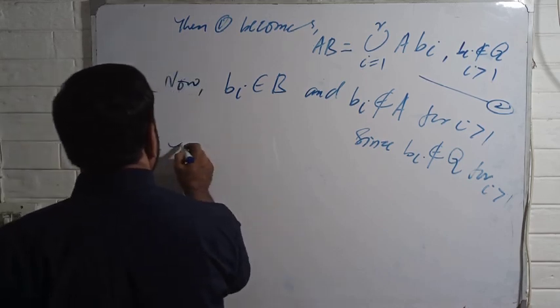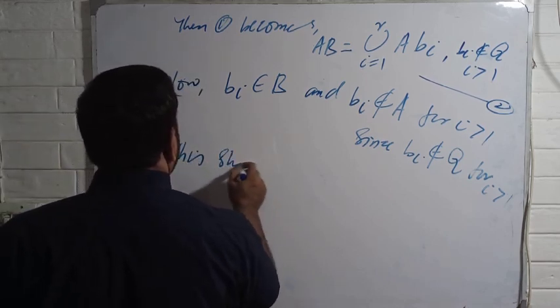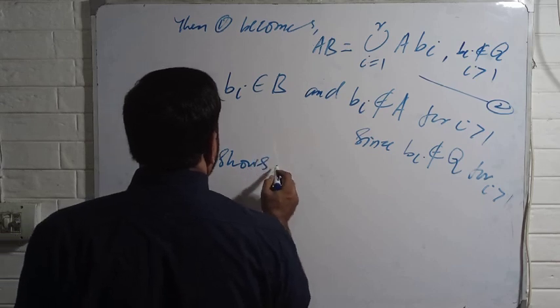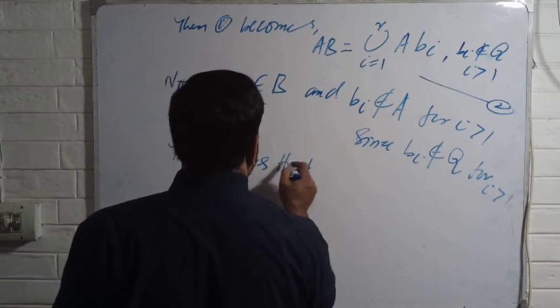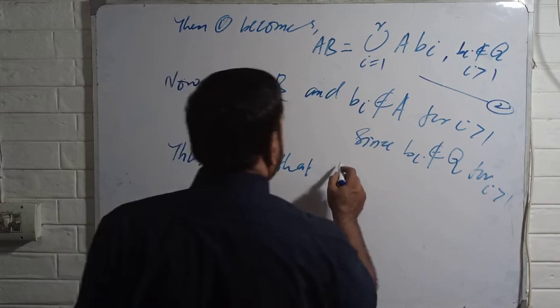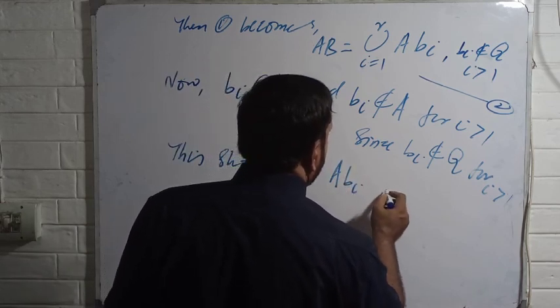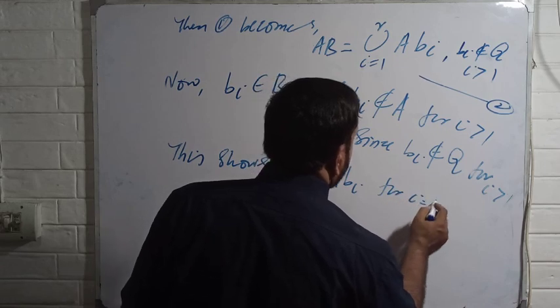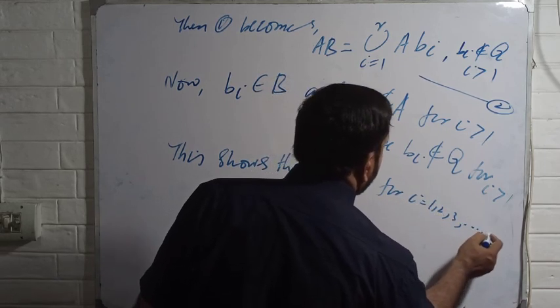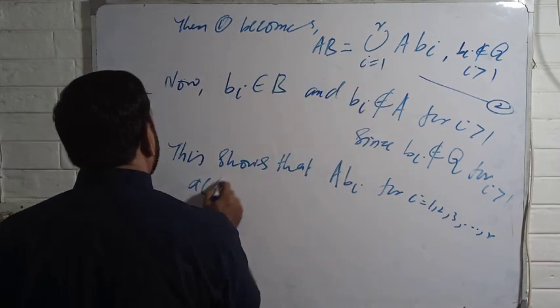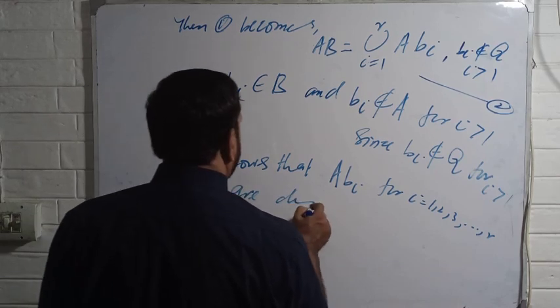This shows that ABI, for I equal to 1, 2, 3 and so on up to R, are all distinct.